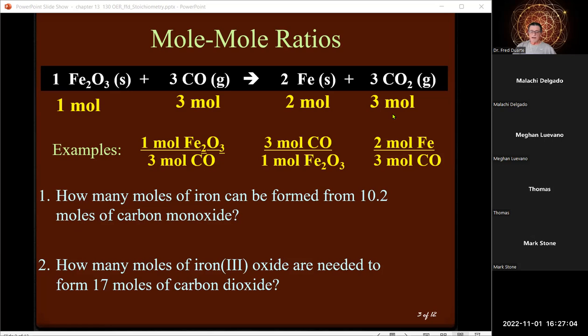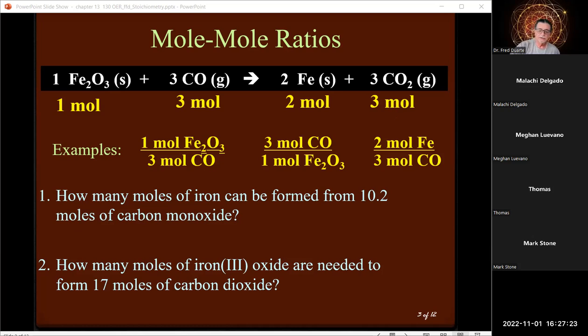Okay, so that is a balanced chemical equation. You can double check. We have 2 irons on the left, 2 on the right. We have 3 carbons on the left, 3 on the right. We have a total of 6 oxygens on the left, and we have a total of 6 oxygens on the right. So, it's a balanced chemical equation.